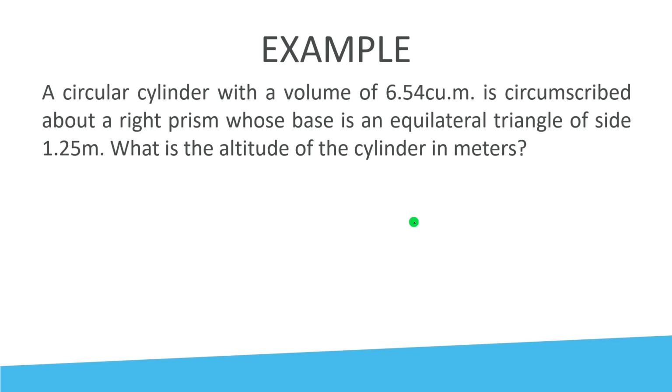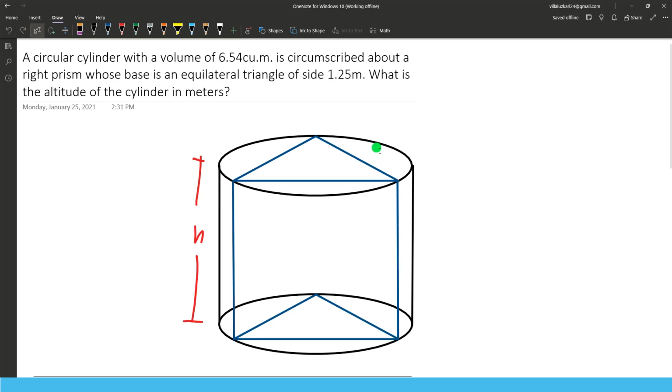What is the altitude of the cylinder in meters? So let's draw that. Here's the figure for that. We have a circular cylinder circumscribed about a right prism. So we have a triangular prism inside a cylinder.